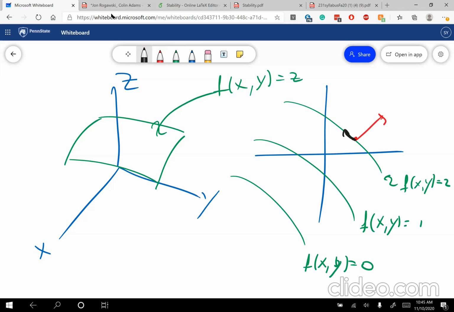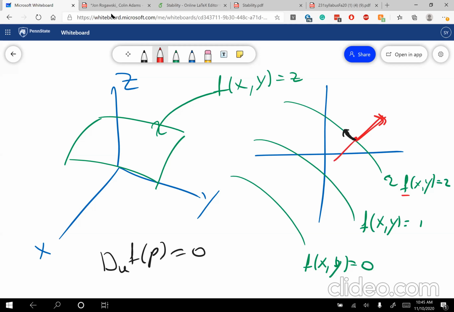Well, along the level curves, we're not actually changing our f. So the directional derivative in the u direction, if u is going in the same direction as the level curves of f at some point p, is going to be 0. But if we want to know how we can change f the fastest, we're just going to leave the level curve directly, walk right off of it, and that will be the fastest rate of increase.